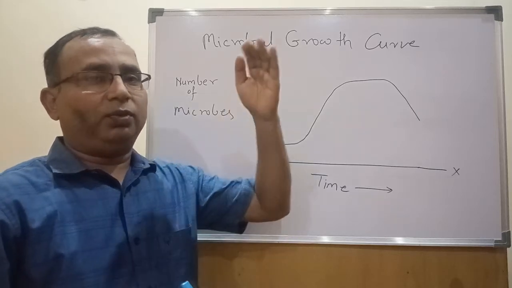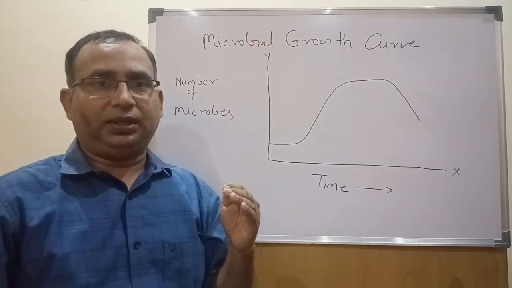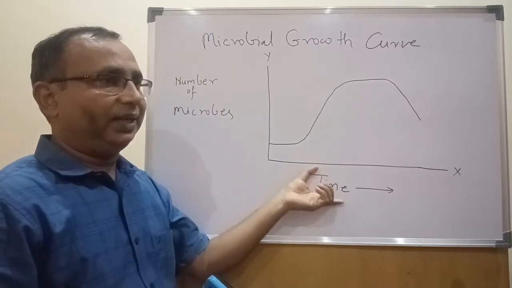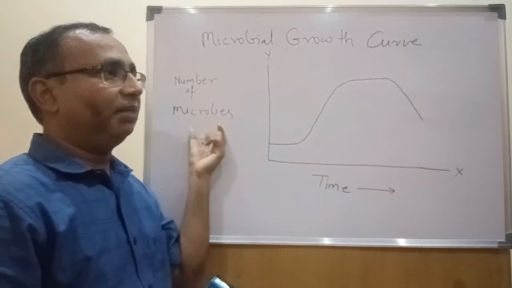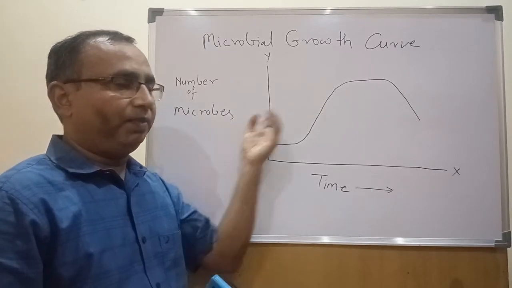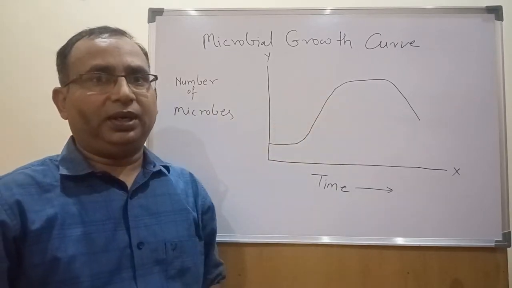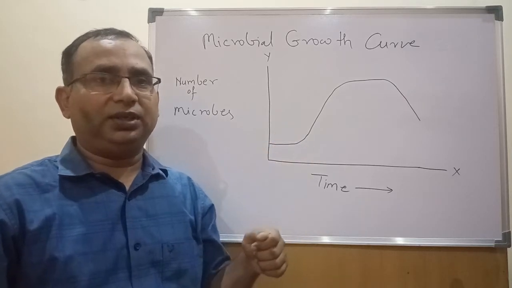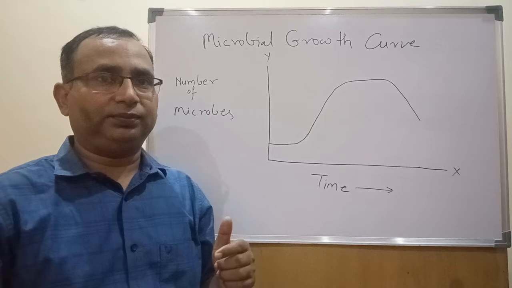Simply, the microbial growth curve is a graph plotted between time and number of microbes. It represents the relationship between the change in the number of the microbial population with respect to time.